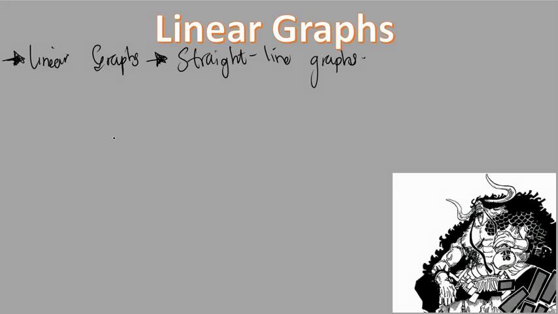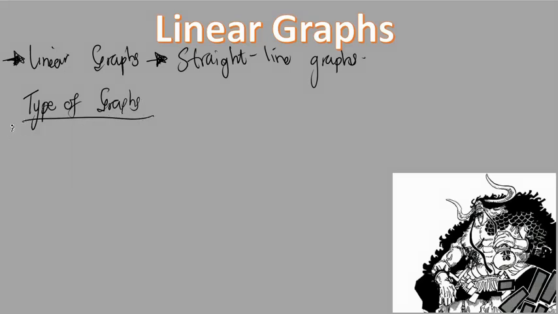And then we have several aspects that I want you to look at, or things that we're going to do today. First of all, we have types of linear graphs.